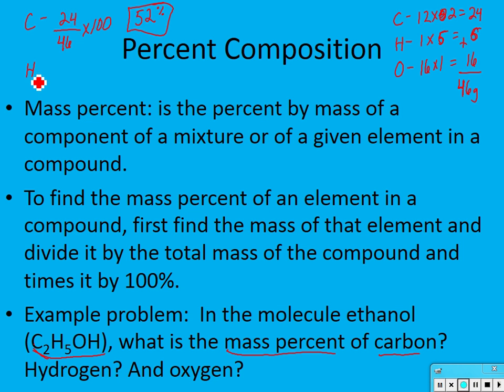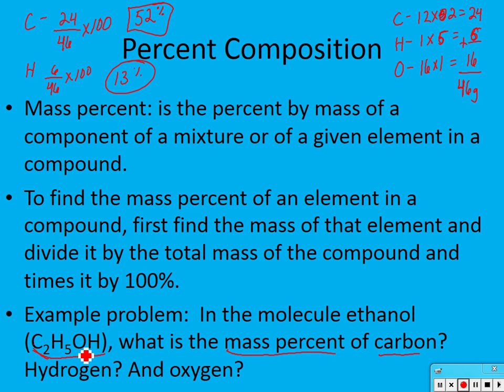The total from hydrogen in the compound was 6. So 6 divided by the total, which is 46, and then times it by 100. I'm finding that it's 13%. So the mass from hydrogen, not that much. Only 13% of the mass in ethanol comes from hydrogen.